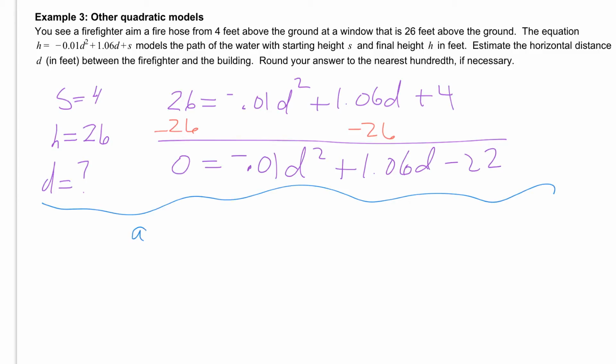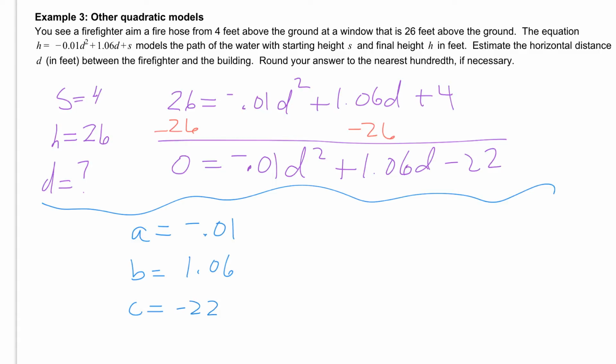Using the quadratic formula, we need our a, our b, and our c value. a is the number in front of the d squared, so a is negative 0.01. b is the number in front of our d, the linear term, which is 1.06. And c is always our constant, and in this case our constant is negative 22.